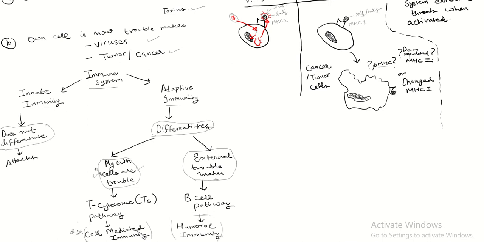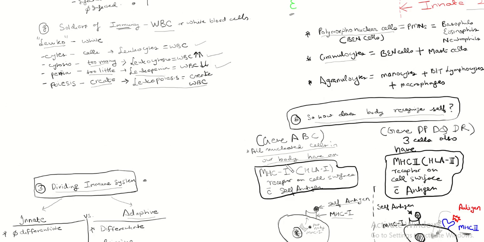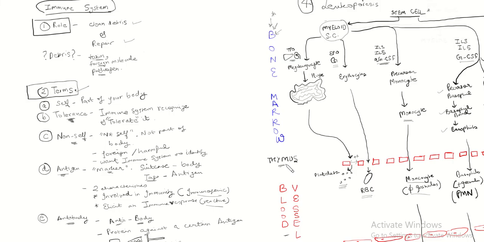The cell-mediated immunity, which is for my own cells, like for tumors and viruses, which uses a T cytotoxic cell pathway. And then humoral immunity, which is for external troublemakers. That's very briefly what we talked about in part one of this.